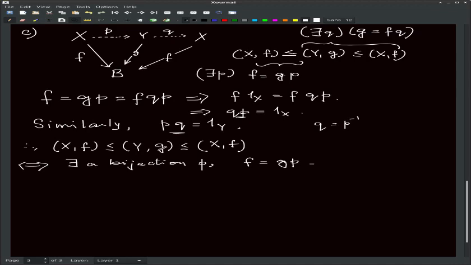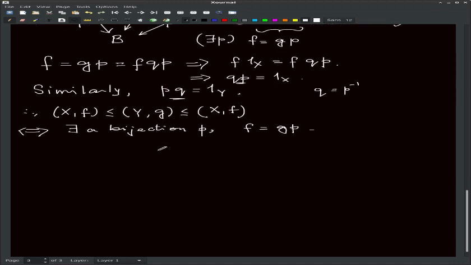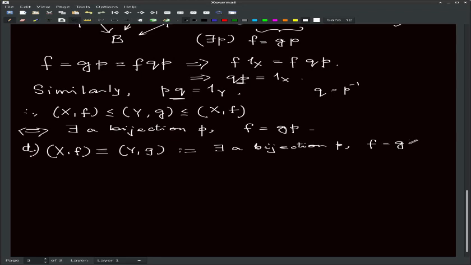Now, part D tells us that this is an equivalence relation. So what is the relation? You are saying xf is equivalent to yg if there exists a bijection p such that f is equal to gp.